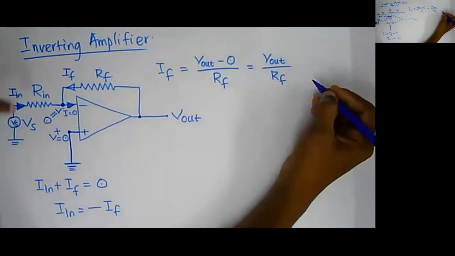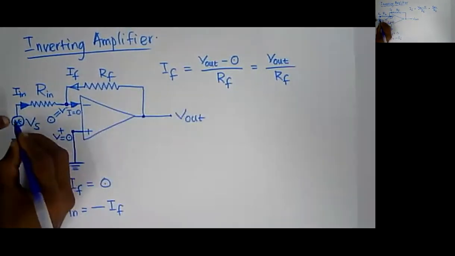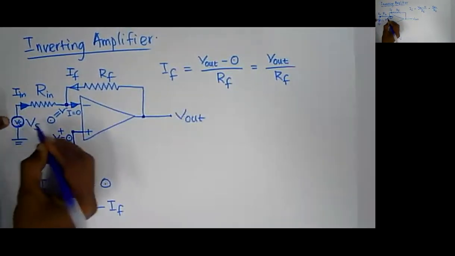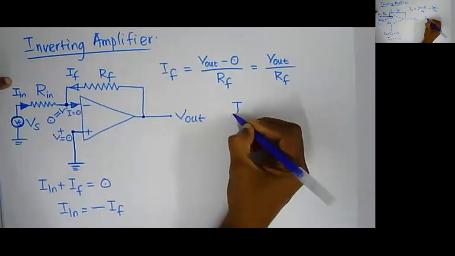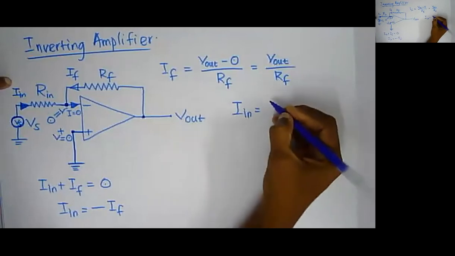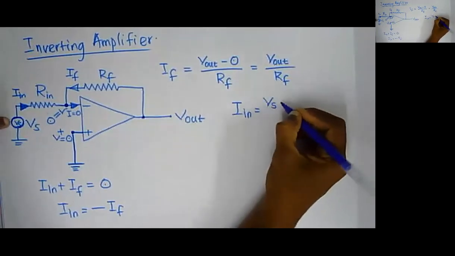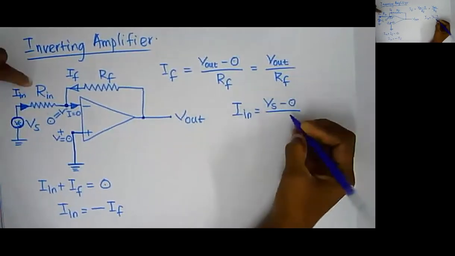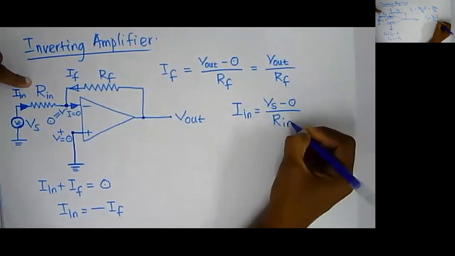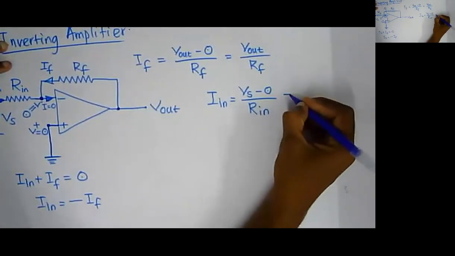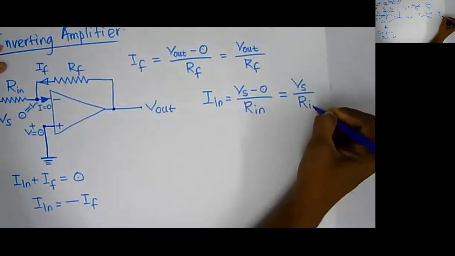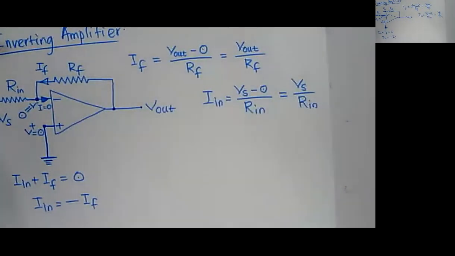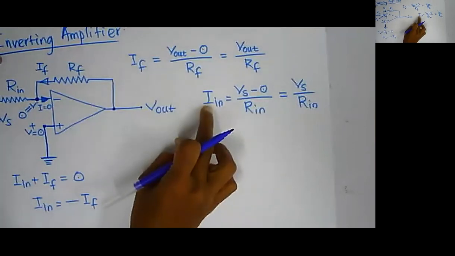Similarly, at this point we have Vs here and 0 here. I can write I in equal to Vs minus 0 divided by R in, or simply Vs by R in.